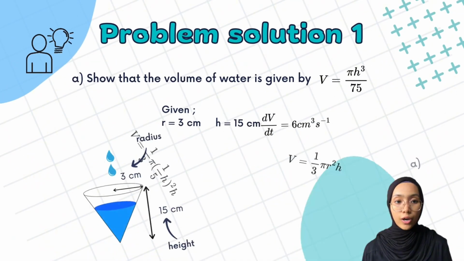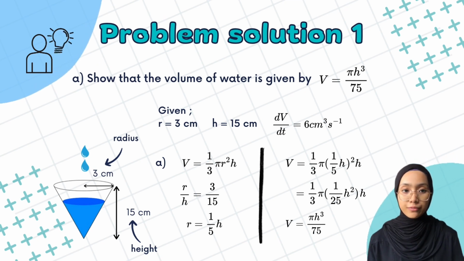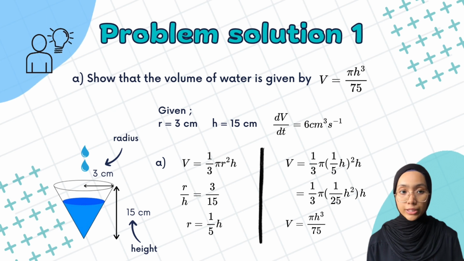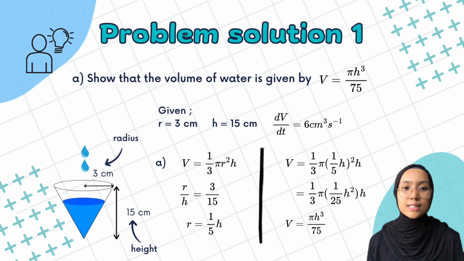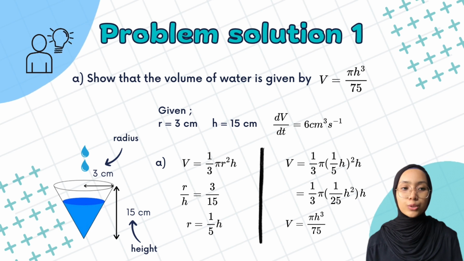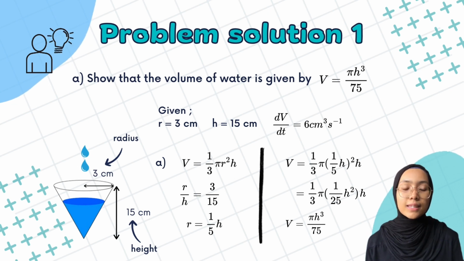So next, we will move on to problem solution 1. The first question is, show that the volume of water is given by V equals pi h³ over 75. Based on this question, we need to modify the original formula by replacing the elements in the formula with the information provided in the question. Given that the radius is equal to 3 cm and the height is equal to 15 cm, in this case, we need to replace r with h because we need to express V in terms of h.